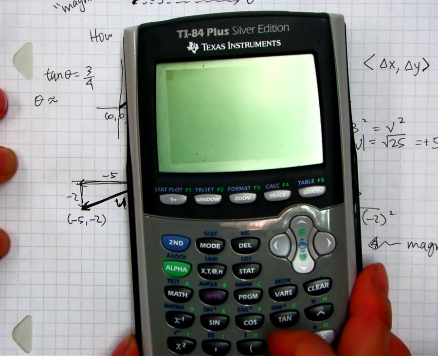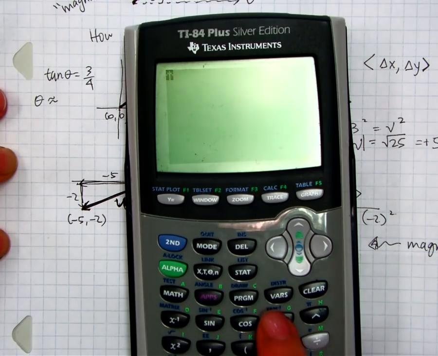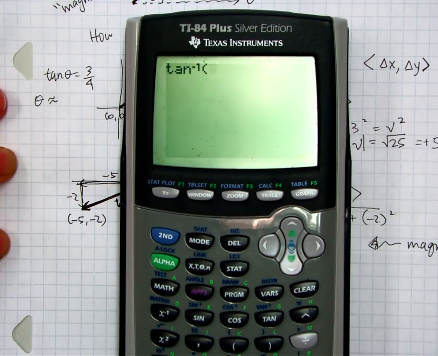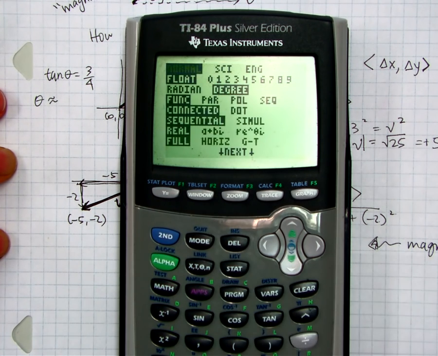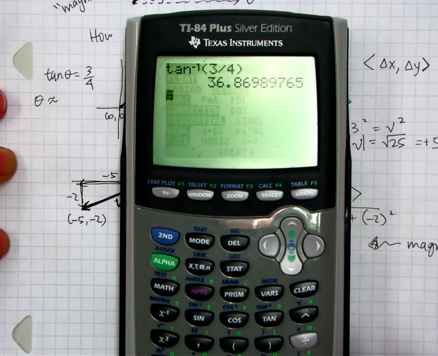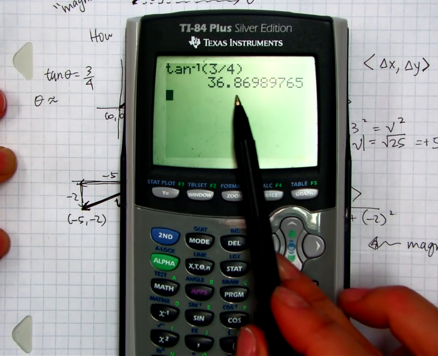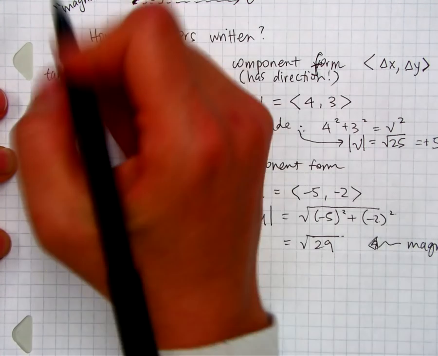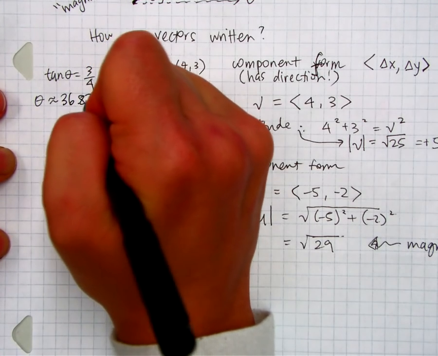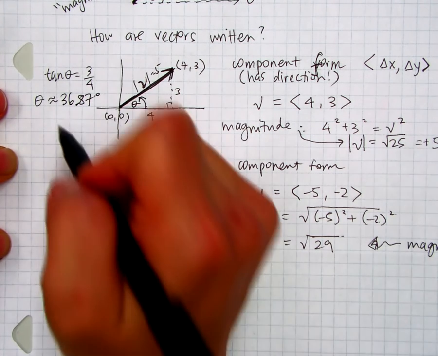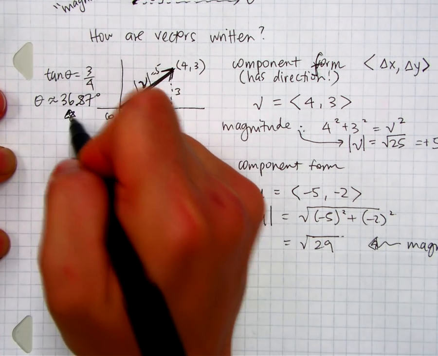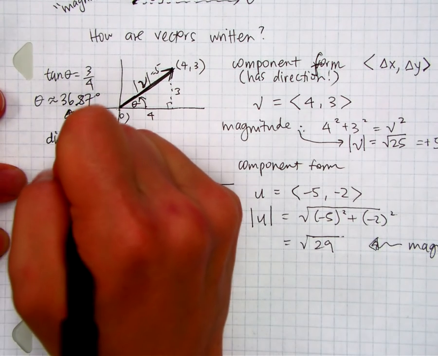So I'm going to take my calculator here. I'm going to take the arctangent of 3 over 4. And I'm left with degrees. Make sure that you are in degrees here. 36.87 degrees. And this right here is the direction.